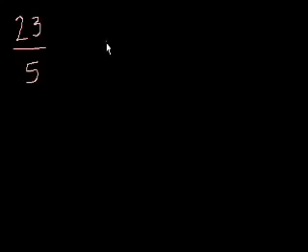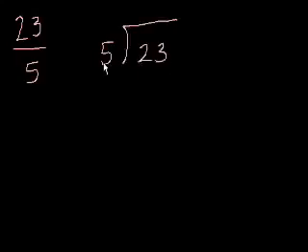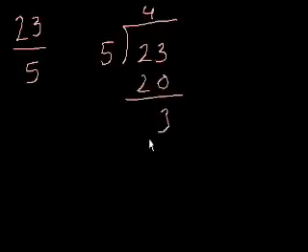So 5 goes into 23 4 times. 4 times 5 is 20. And the remainder is 3. So 23 over 5 is equal to 4, and then the remainder 3 over 5. So it's 4 and 3/5.